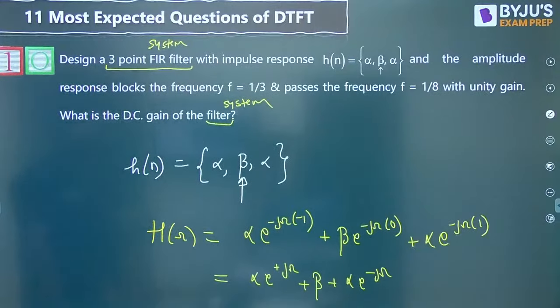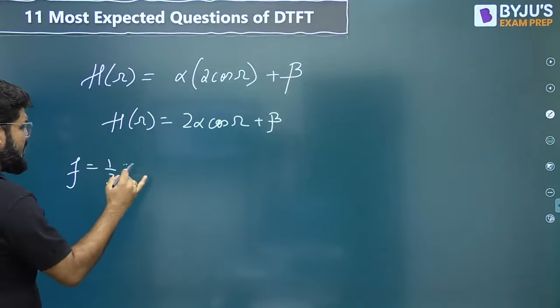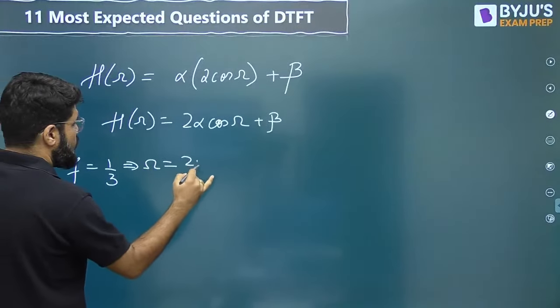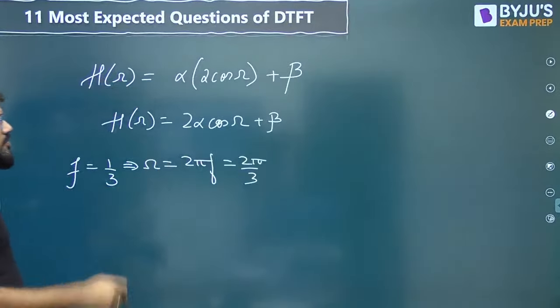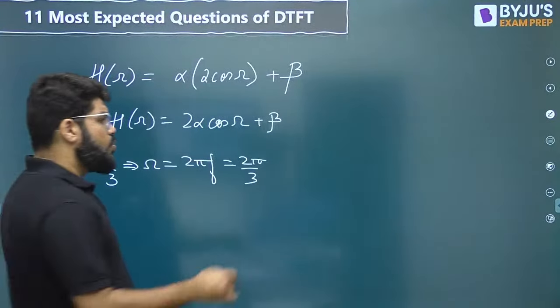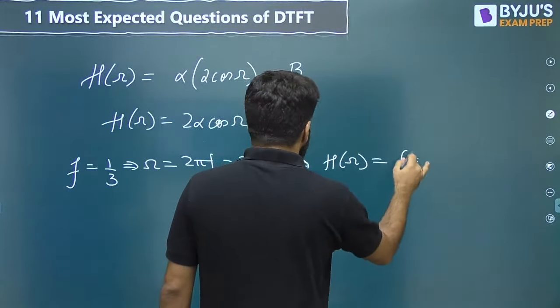Now they say that it blocks the frequency 1/3. F is equal to 1/3. First of all, omega is equal to 2 pi f, that is 2 pi by 3. So this particular frequency is being blocked, so at this frequency, H of omega should be 0.